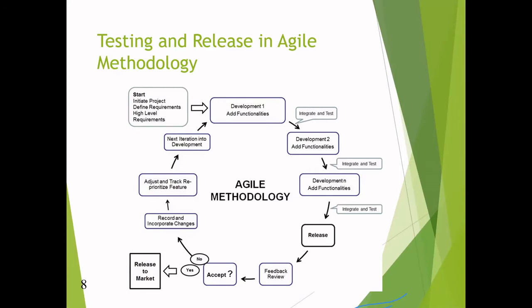You release a small part of the full product in a small time duration, and then you go in an iteration cycle. You go back, do another set of features and release it to the customer. To get the full product, you have to go through a few of these cycles.